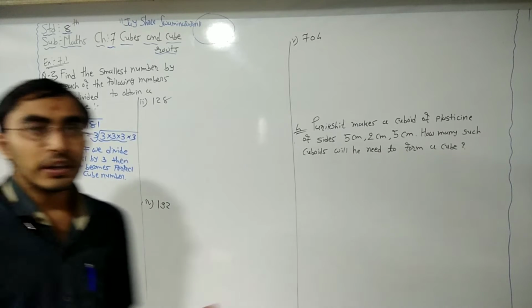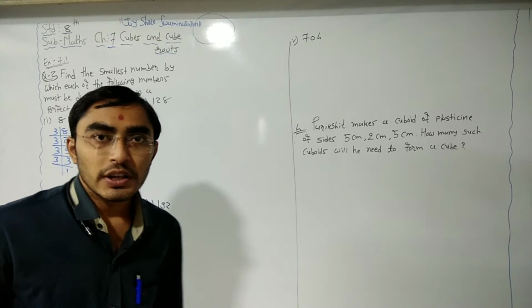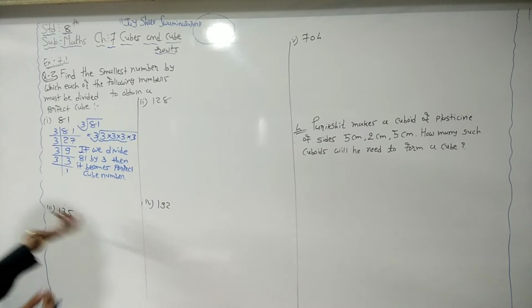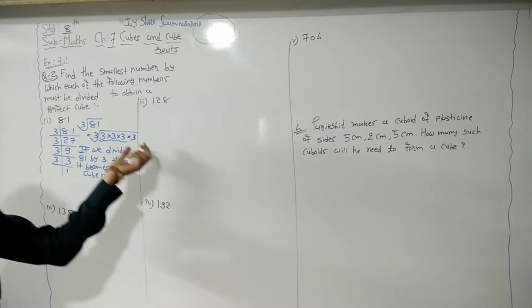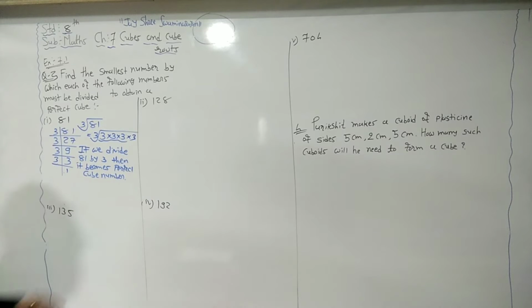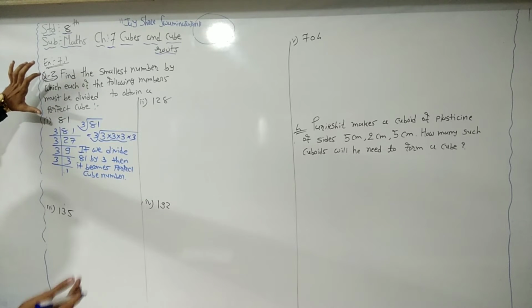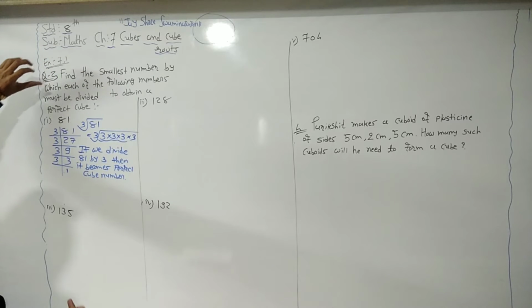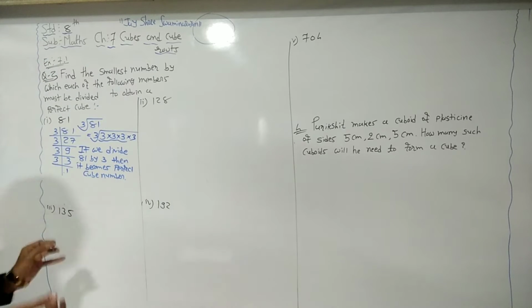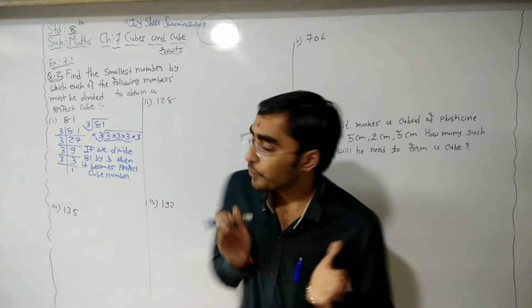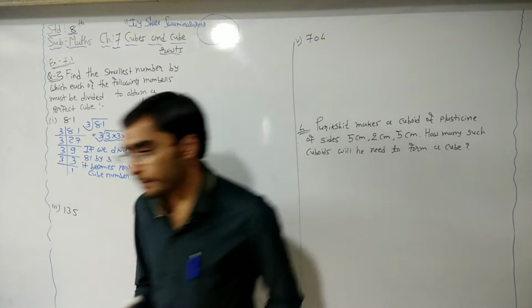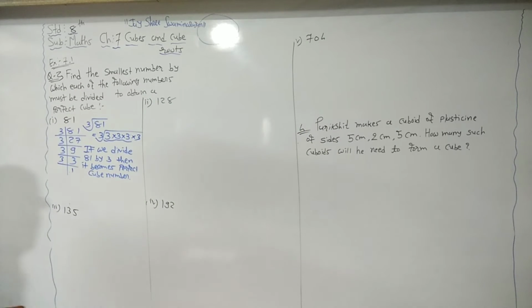Here we do not need to find the cube root. That means further process we do not need to apply here, because the question only asks to find the smallest number by which each of the following numbers must be divided to obtain a perfect cube. Here we don't need to find the cube root. So here our question is over.